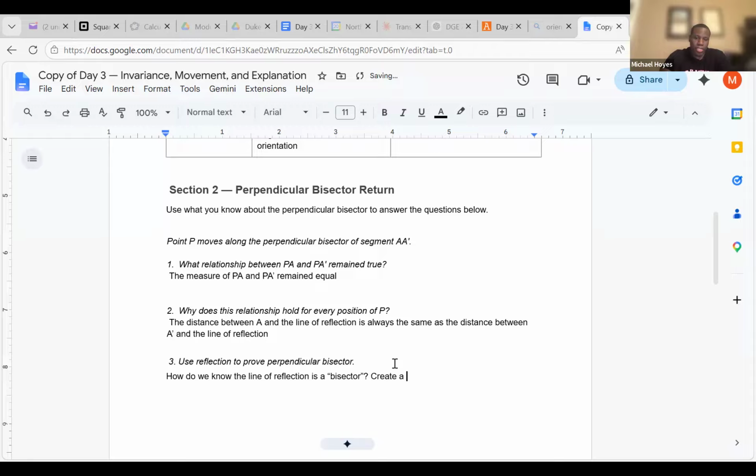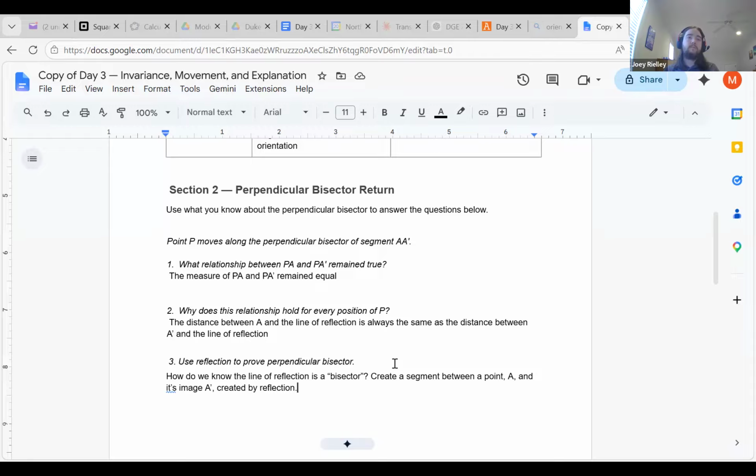If you create a segment between a point A and its image A prime created by reflection. So we've defined that. We had a segment between point A and its image A prime created through reflection. Because A prime was created by reflection, the distance from A to the line is the same as the distance from A prime to the line because reflection preserves distance.